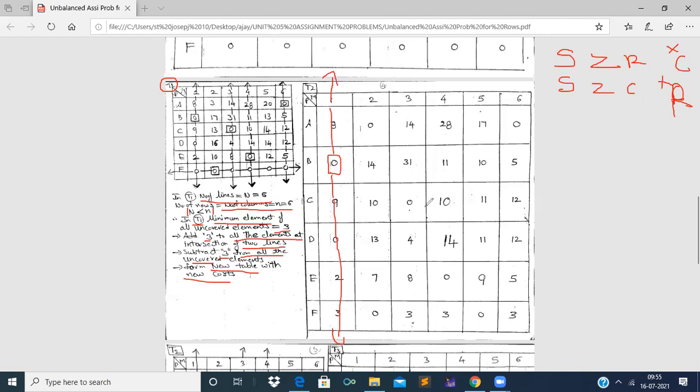In third row also we find a single 0. Therefore, we put that 0 in a box. That is, we give assignment to this 0. As we are searching for single 0 row, we strike off the column in which this assignment is made. Right, we strike off this third column.